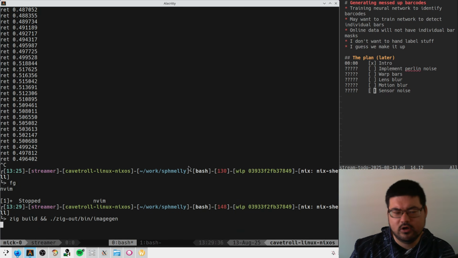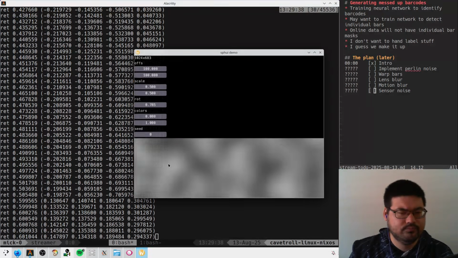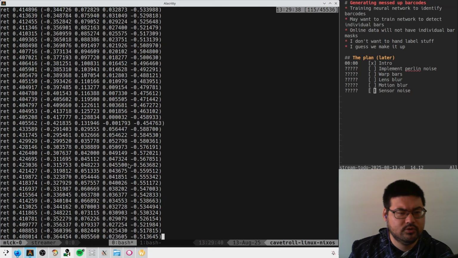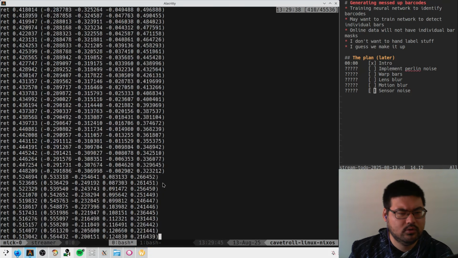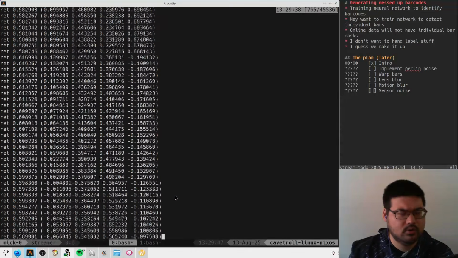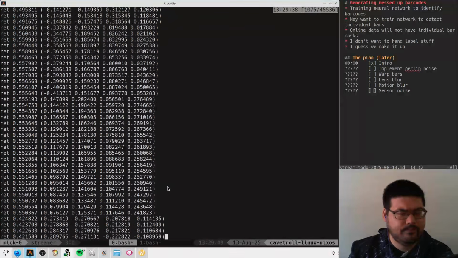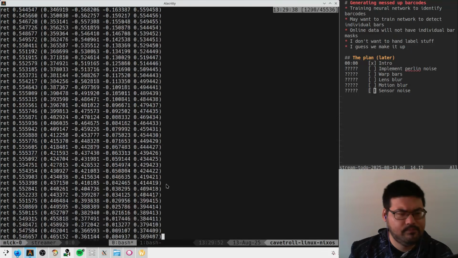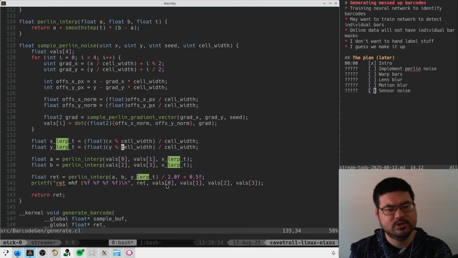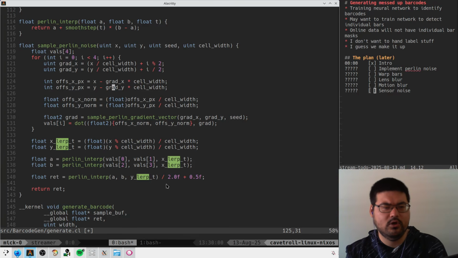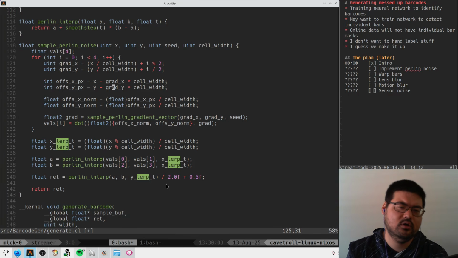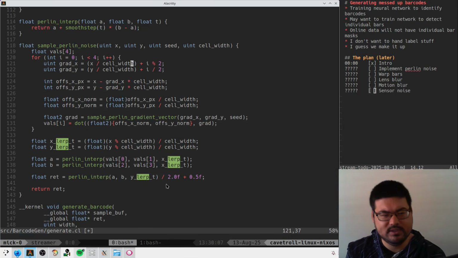Can we see what's going on? I guess we should double check that sometimes the offsets are 0. So x minus grad x times cell width. So sometimes this will be 0 here.